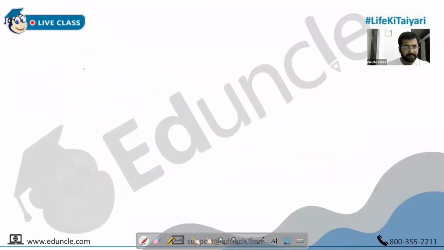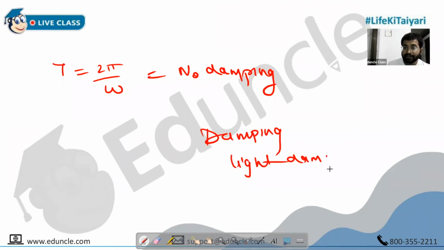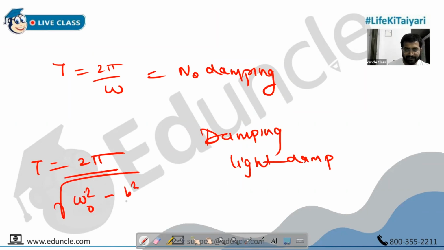So basically, when there is no damping, in ideal condition, time period is just 2 pi by omega. This is for no damping. Okay. When damping happens, and especially the light damping case, then time period increases, it becomes what? 2 pi upon under root of omega naught square minus b square upon 4m square.